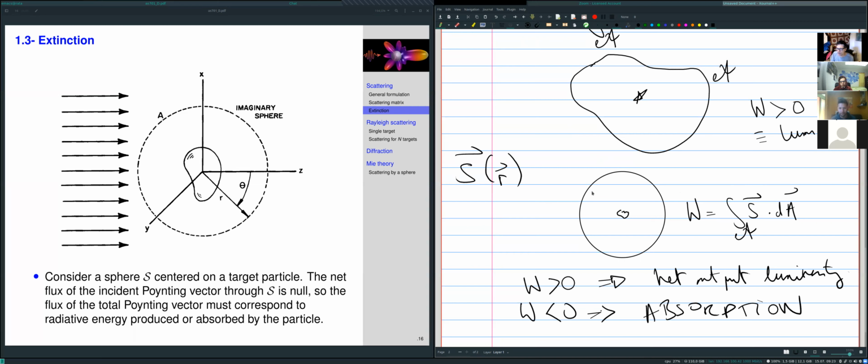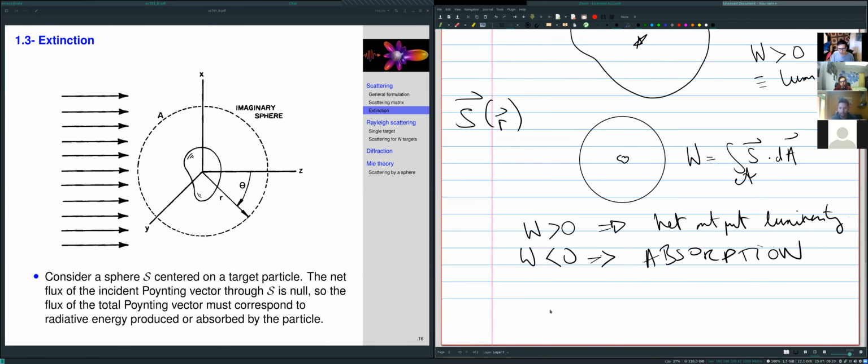If it's positive, it means that luminosity is being emitted away from whatever is inside the sphere. Could be a collection of stars, okay? If it's negative, it's the other way around. It means that radiation is lost somewhere inside it, okay? And if it's lost, it's got to go into something because of conservation of energy, okay? So this is why we call this integral the absorption part.